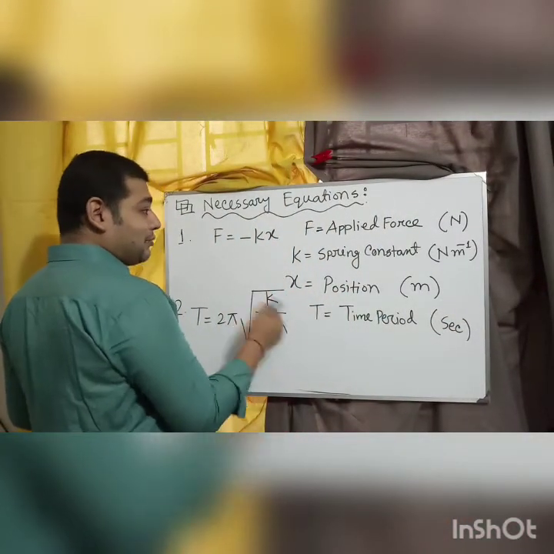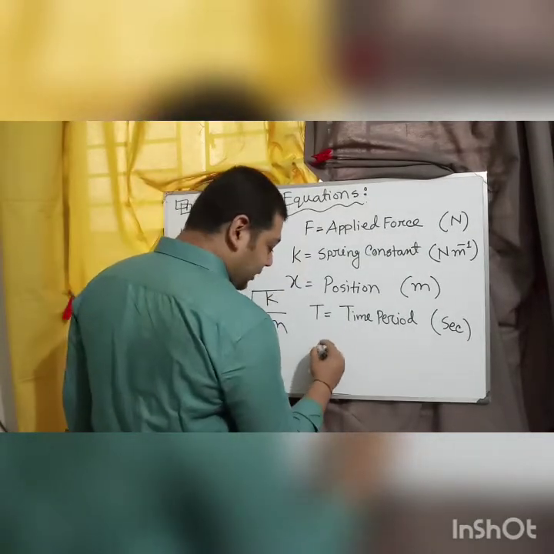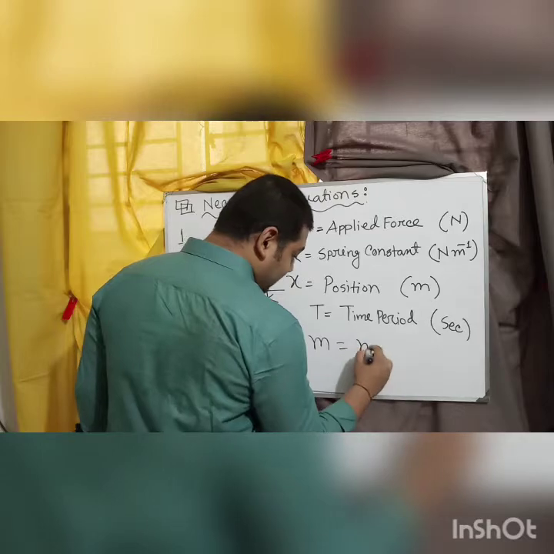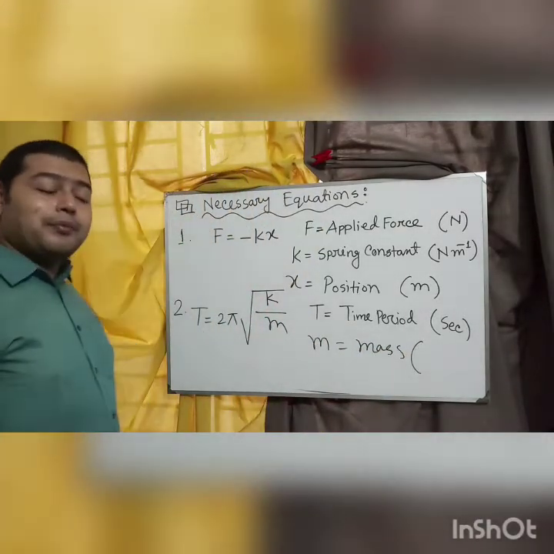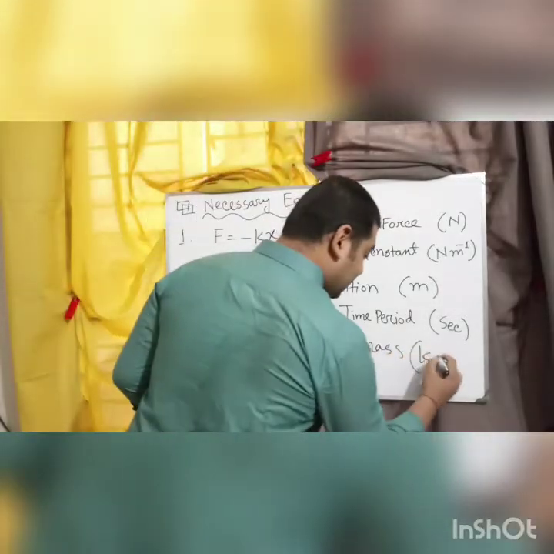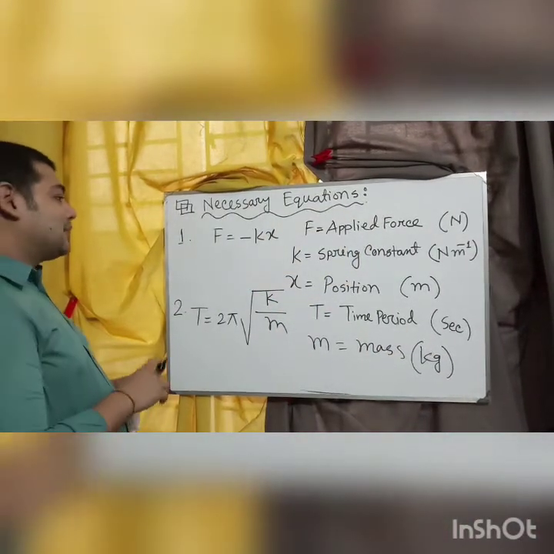Here k was mentioned in our previous topic, and m is the mass. The SI unit of mass is kg.